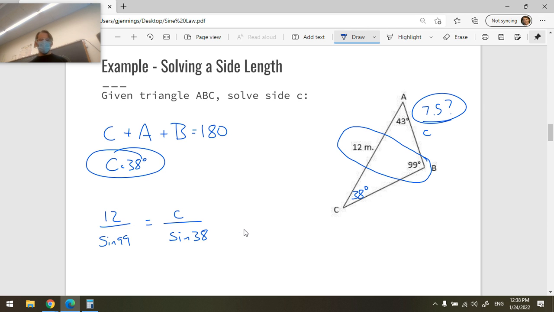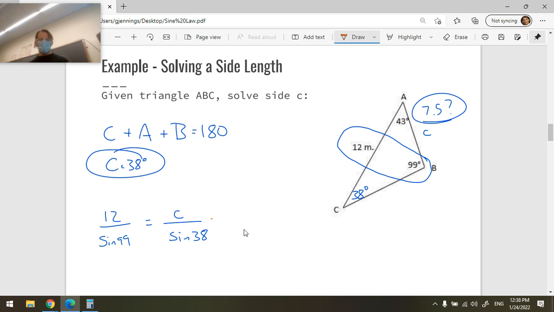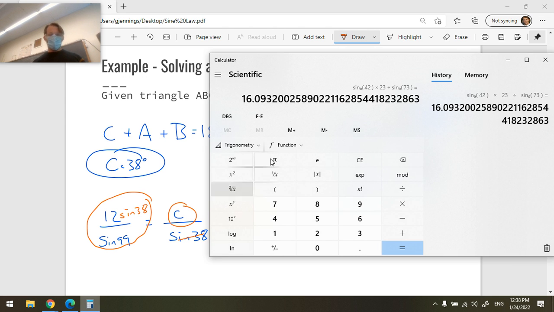Now, we multiply both sides by sine 38. And I might write that as 12 sine 38, like that. That would be fine. And then these cancel. So that isolates C. That's great. This is C. Let's find out what it is. 12 multiplied by the sine of 38.